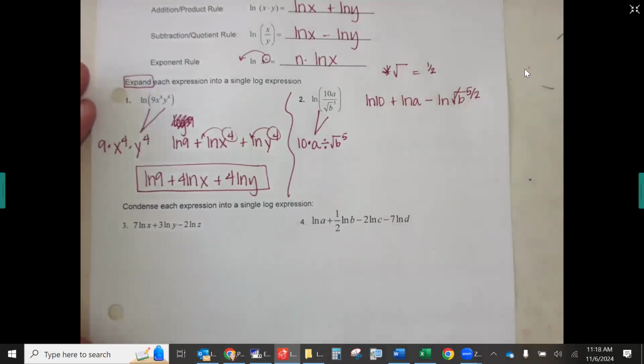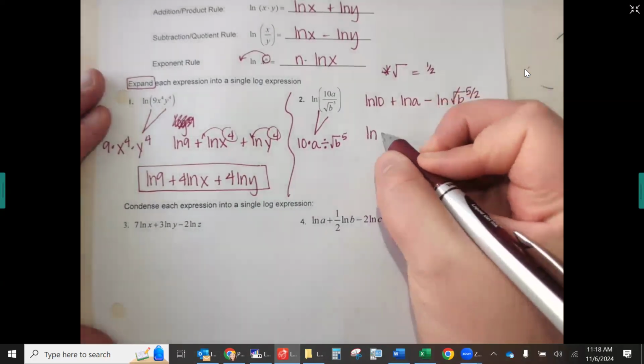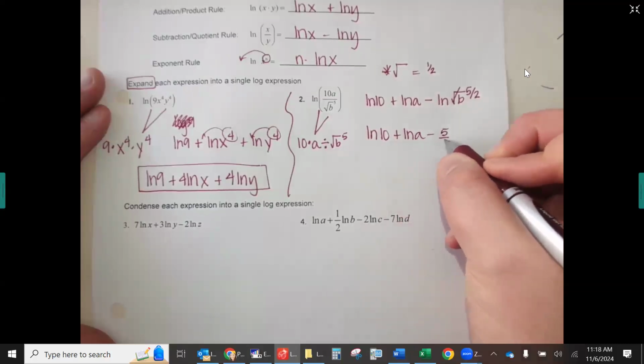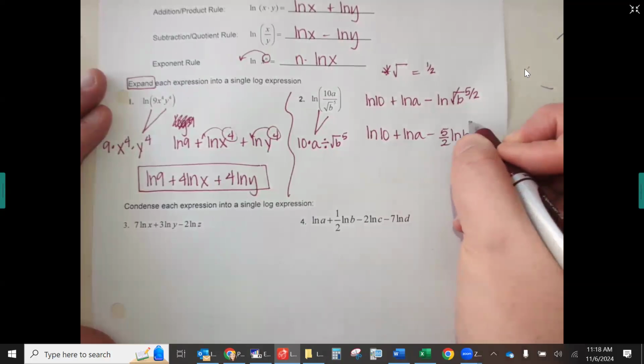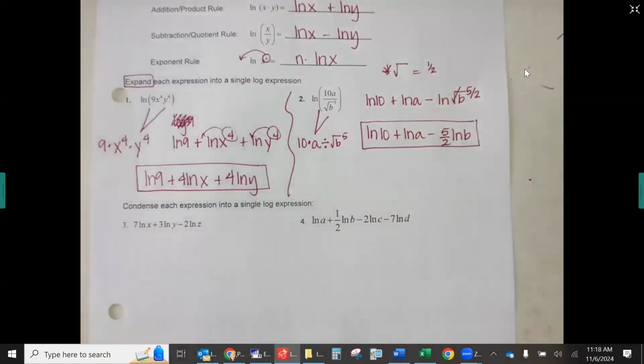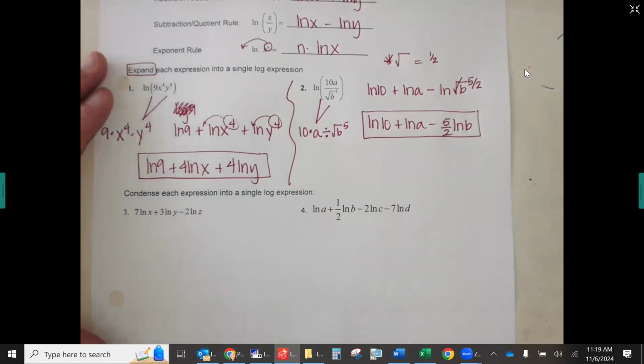So then I cut the 5 in half, and then remember I'll still drop that down to the front just like we did last week. So your final answer would be ln 10 plus ln a minus 5/2 ln b. Wait, how do we get the 5/2? So a square root is a half. And then when I go to put the half up top, since the 5's already there, I just cut the 5 in half.